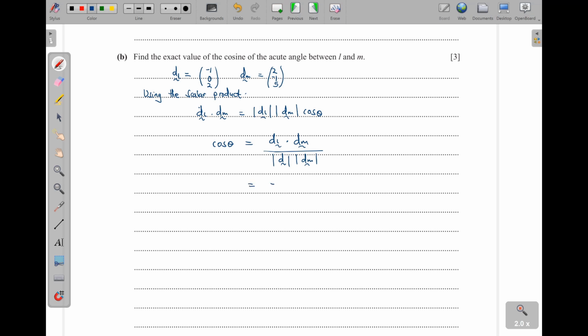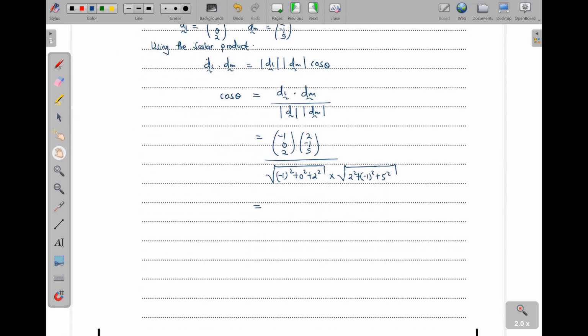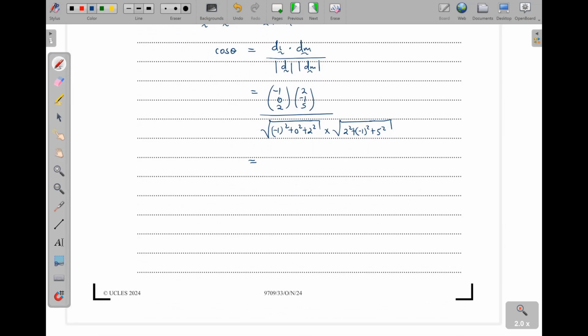So let's dot -1, 0, 2 with 2, -1, 5. And then you divide by the square root of -1 squared plus 0 squared plus 2 squared, then times the square root of 2 squared plus -1 squared plus 5 squared. Then i multiplies i, j with j, so this with that, this with that, and this with that.